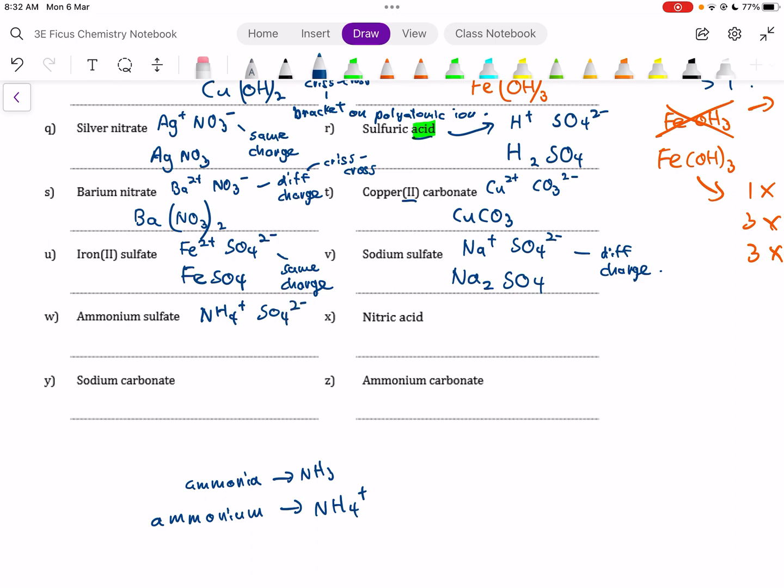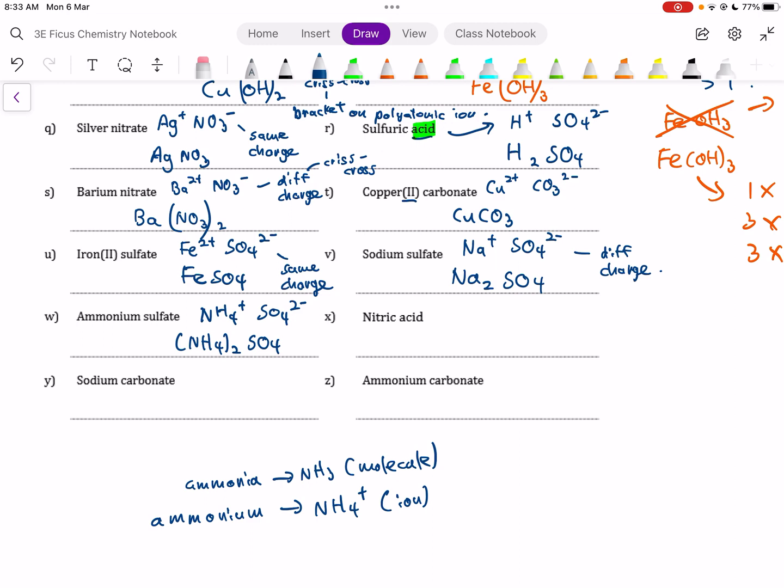This is a different charge, so I've got to do a crisscross over here: NH4 2, SO4, with the bracket. This involves 2 polyatomic ions. This one is a polyatomic ion, this one is a molecule. People very often confuse ammonia and ammonium. Although the spelling is very similar, they are quite different in terms of the chemical meaning behind it.